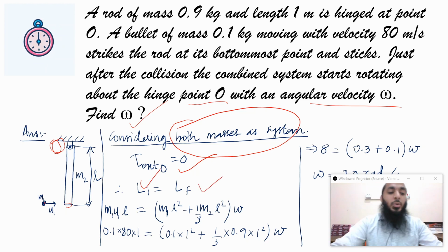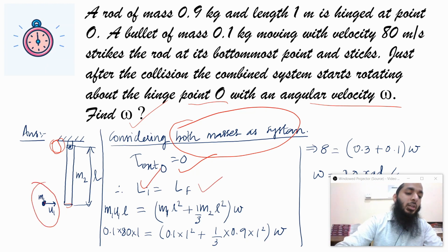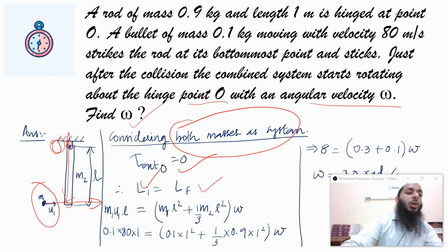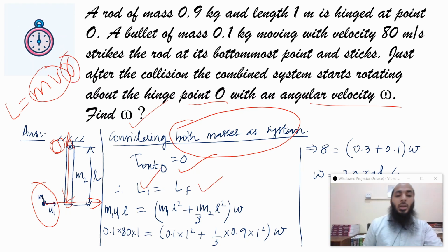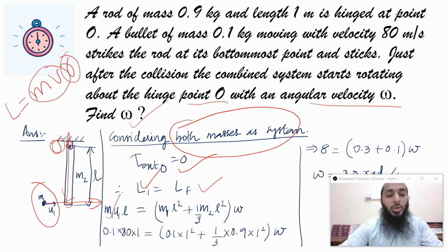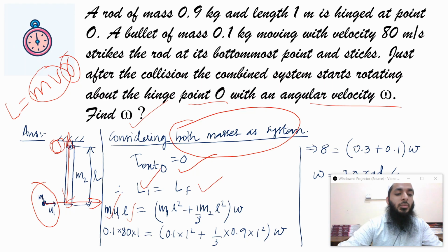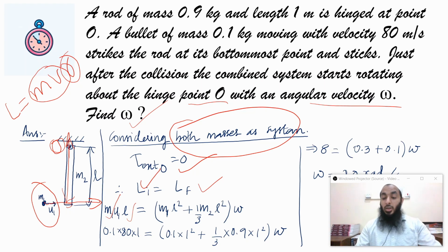Initial means before striking. Before striking, the linear momentum of the particle multiplied by the perpendicular distance will give you angular momentum. Angular momentum is mvr, linear momentum into perpendicular distance, which is L. That was the initial angular momentum.